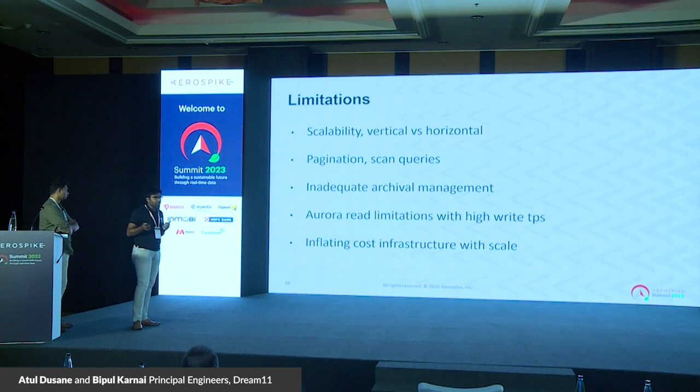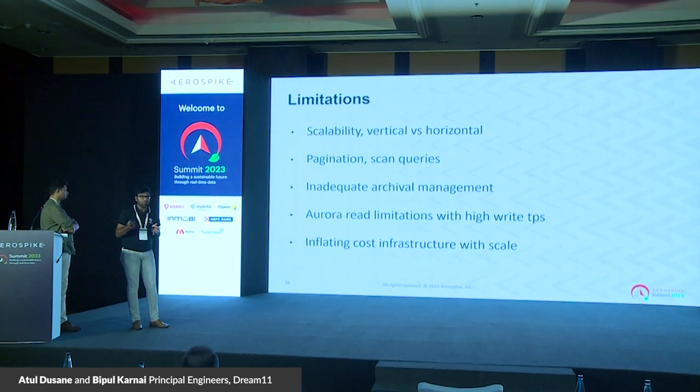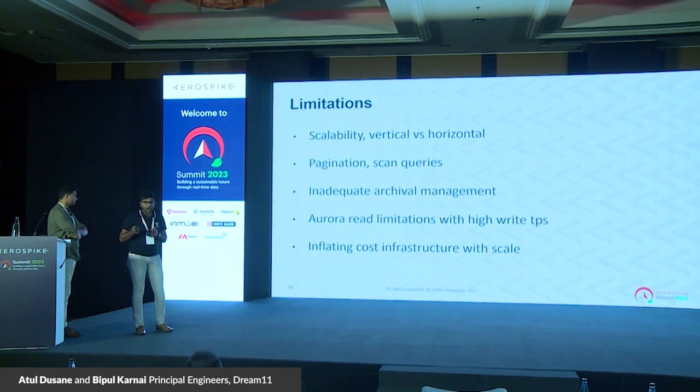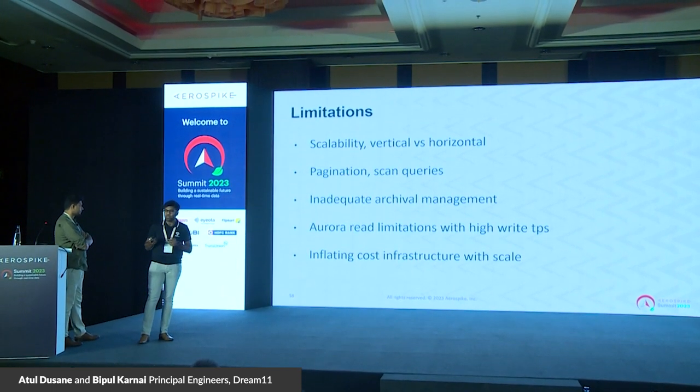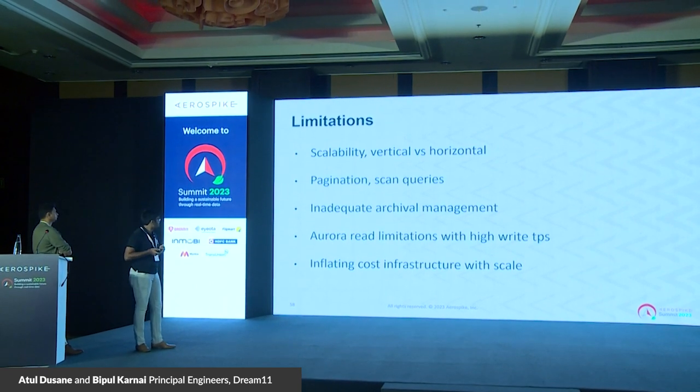With the large volume of data, we thought of archiving the data from time to time because we wanted to show only the last X period of time, so archival management was very important. With RDS Aurora we needed to perform that activity manually from time to time, and inadequate archival management was another bottleneck.